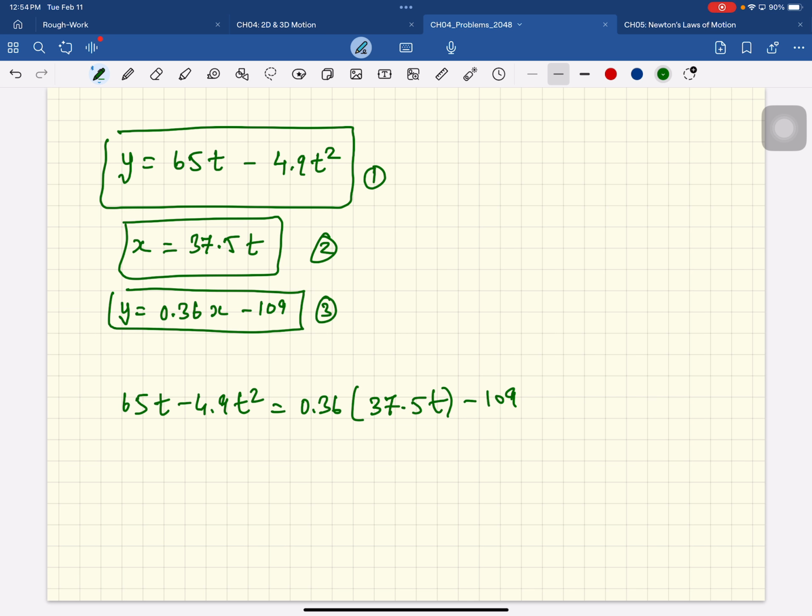So this is a quadratic equation. I'm going to bring that to the right, and 13.5 minus that is minus 51.5t.